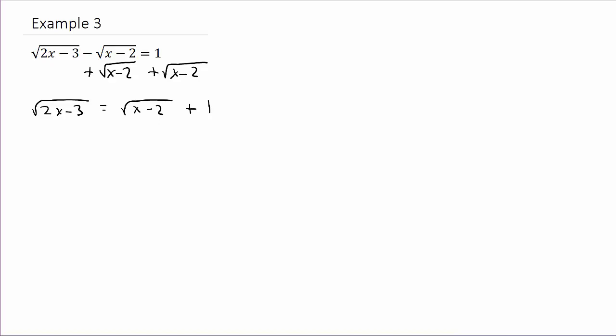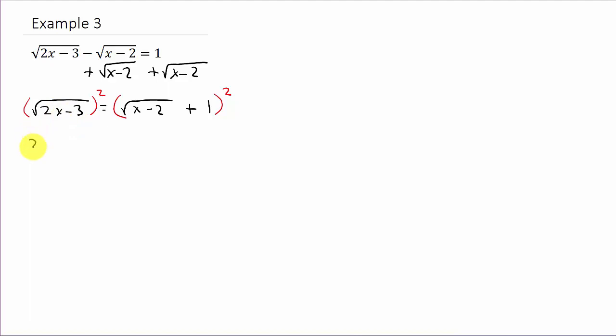Now what we want to do is square both sides. Whenever you square a square root, you get what's underneath the square root.